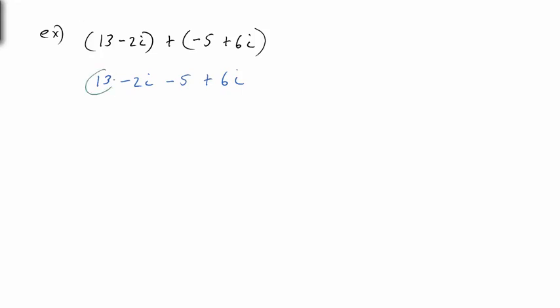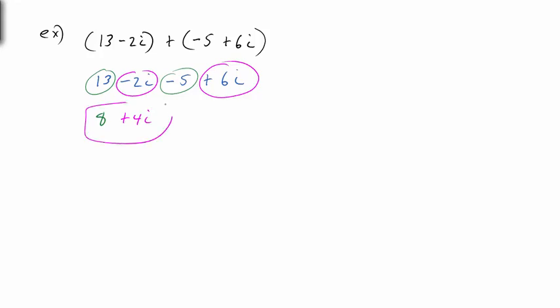Well, we have a 13 and a negative 5, so 13 minus 5, we would end up with 8, and then we would take a negative 2i and a positive 6i, and that's going to be equal to 4i.